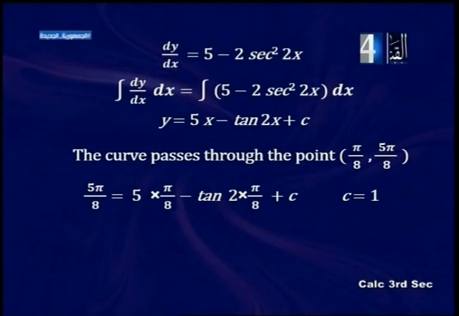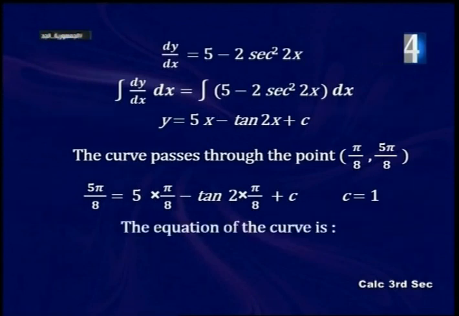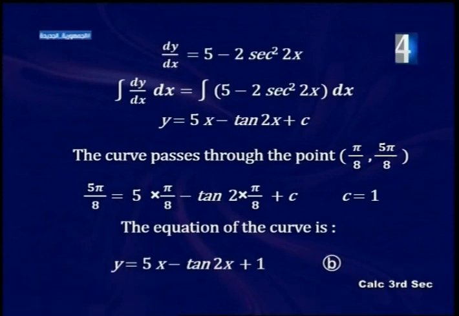We can use our calculators to find the value of c, then c equals 1. Now the equation of the curve is y equals 5x minus tan 2x plus the constant c, which is 1. Then y equals 5x minus tan 2x plus 1, and we can choose letter B.